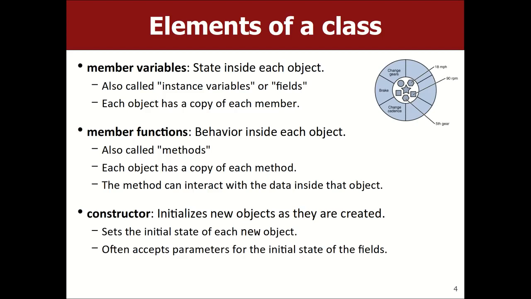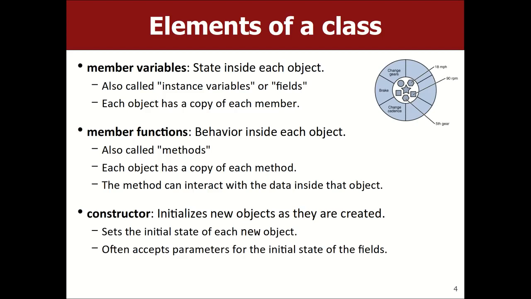So an object is not just data; it's also behavior. The behavior is called member functions, sometimes just called methods in other languages. And the idea of these functions is that they are inside of an object. Not just some global function that you just call by writing the name of the function. You have to say the object name and then a dot and then the name of the function.